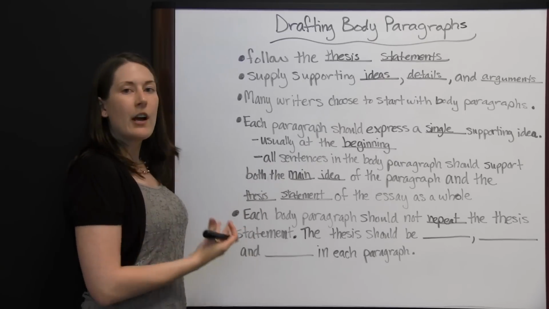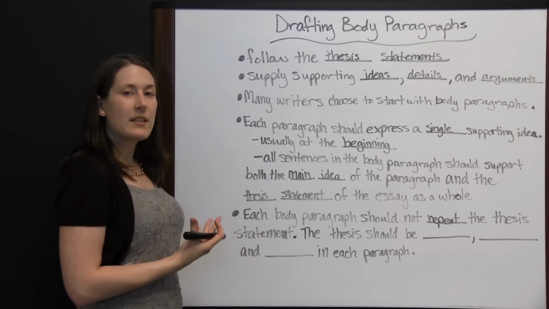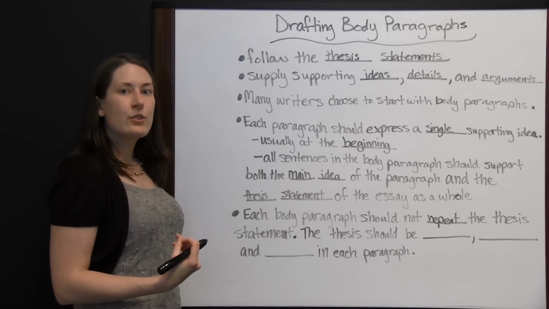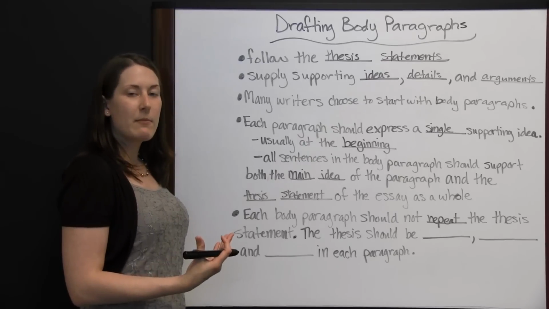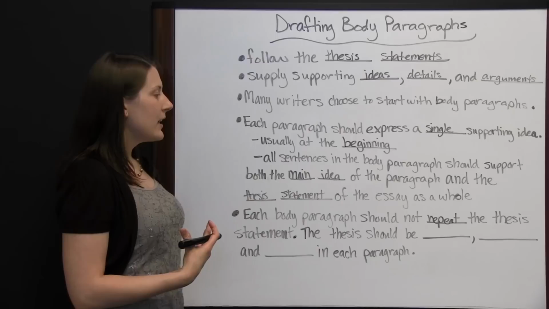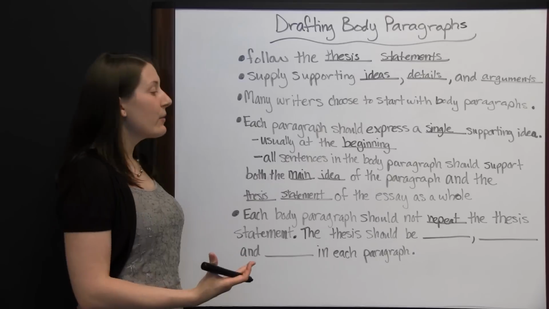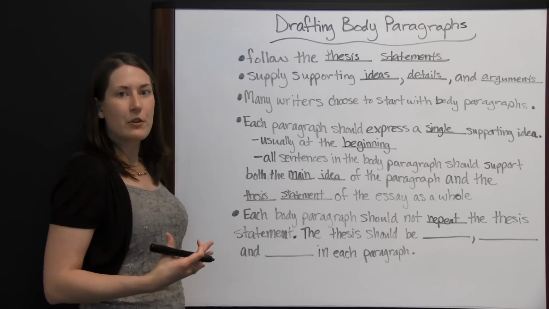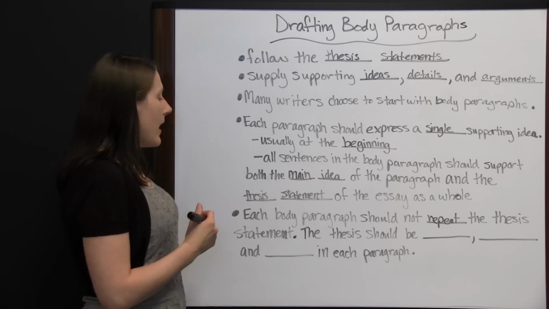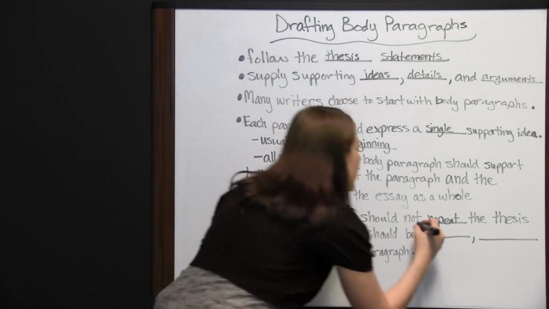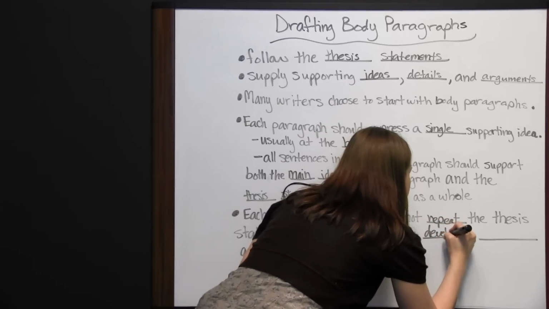All your body paragraphs should be supporting that thesis with details. And then in your conclusion, you don't want to repeat the thesis statement, but you want to echo it. You want to give your readers a final reminder of what it was that you were writing about, what your main idea was.